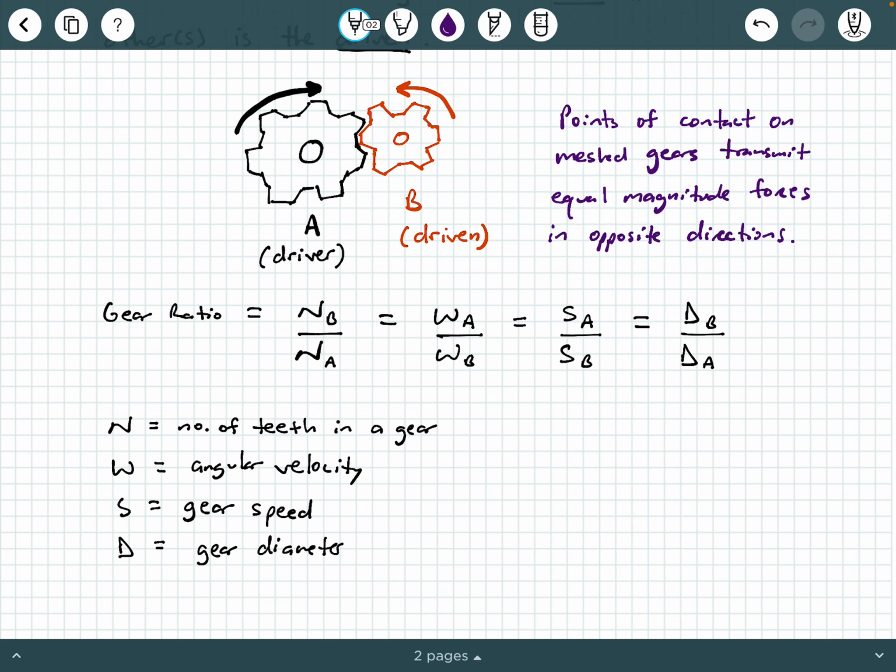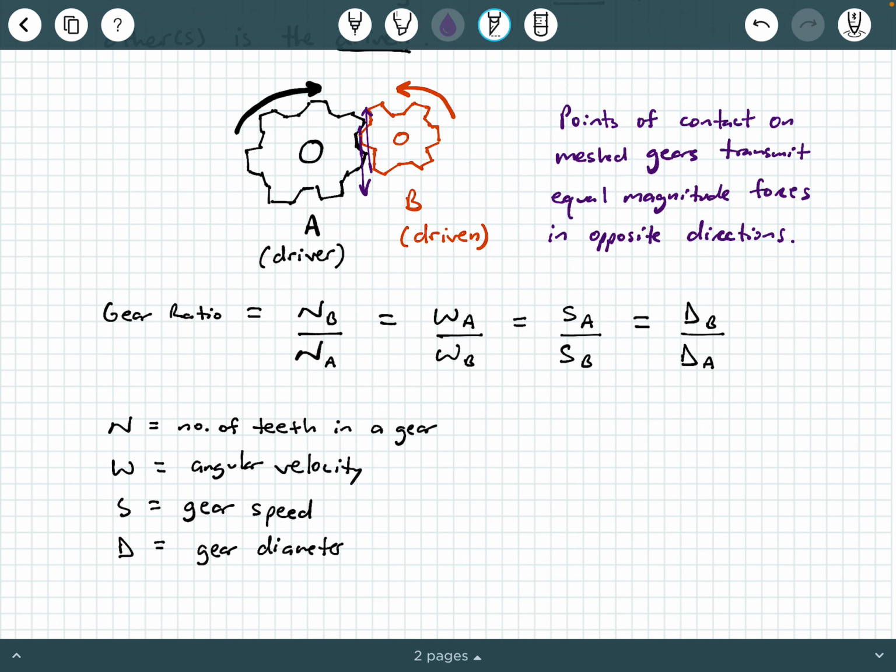That means that the force that is developed, say, in gear A at this point of contact is going to be equal in magnitude and opposite in direction as the force that will develop at the same point here in gear B, okay?